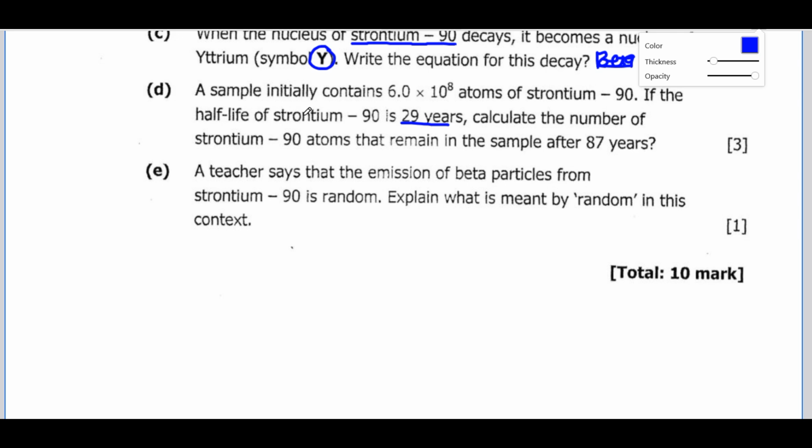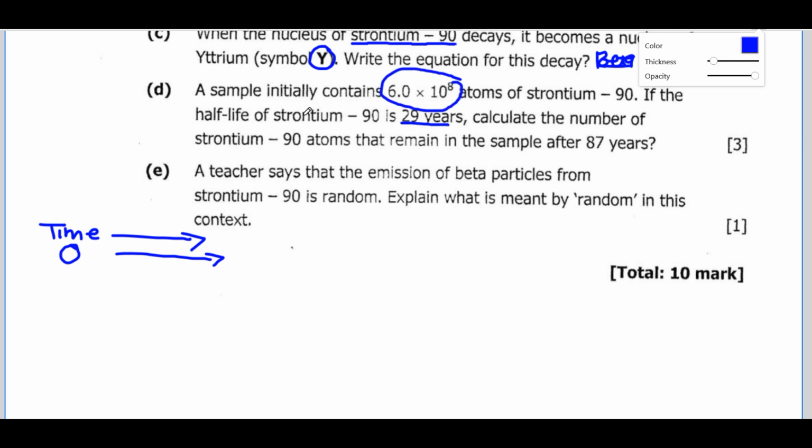Now, to make this question simple, I'm going to use this method here. I'm going to write the time before decaying. Before decaying, we just put 0. So when the time was 0, how many atoms were there? We are given this value.